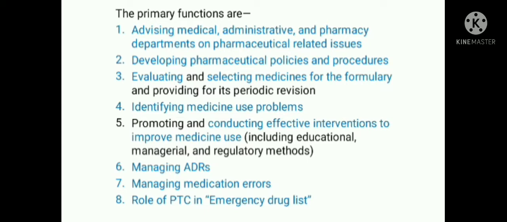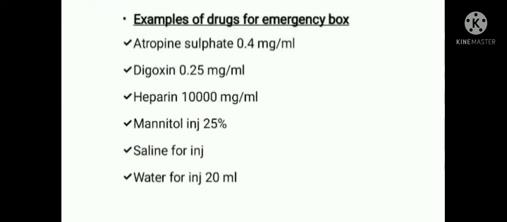And next is the role of PTC in the emergency drug list. So what are the examples? Let's see the emergency drug list: atropine sulfate 0.4 mg per ml, digoxin 0.25 mg per ml, heparin 10,000 units per ml, mannitol injection 25%, normal saline for injection, and water for injection 20 ml.